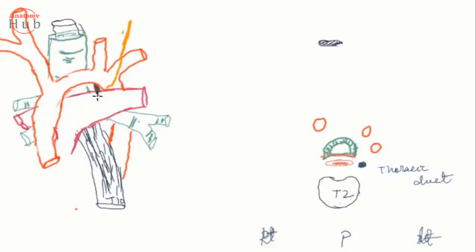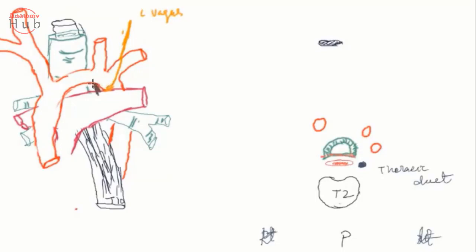In infants or in the fetus it is the ductus arteriosus, but right now it makes your ligamentum arteriosum. So this is your left vagus. It descends downward and near the arch of aorta it gives a branch which hooks around the arch of aorta.